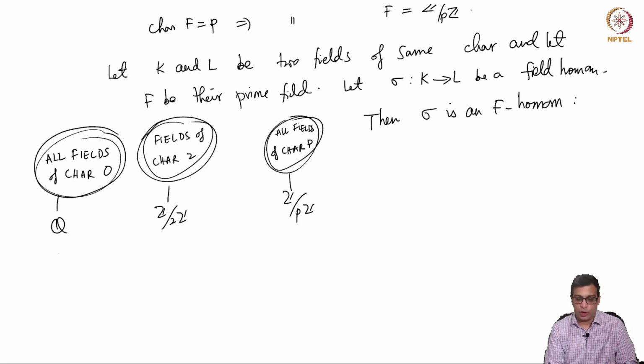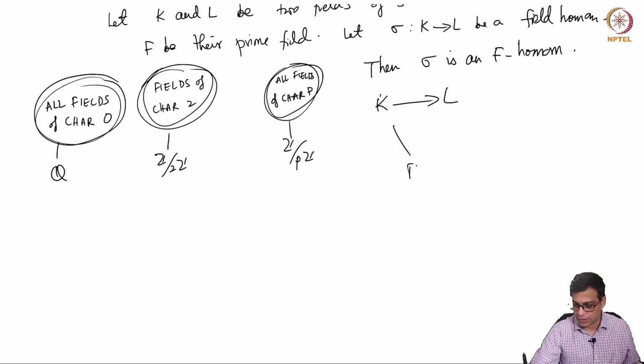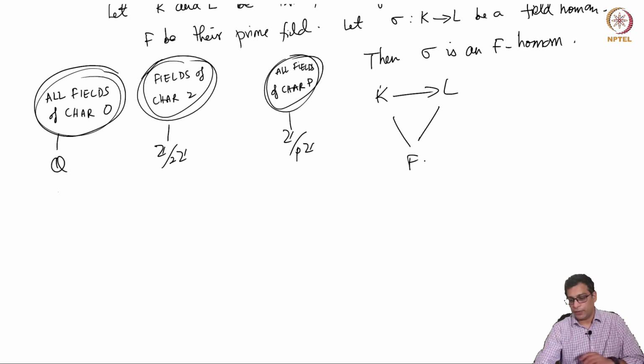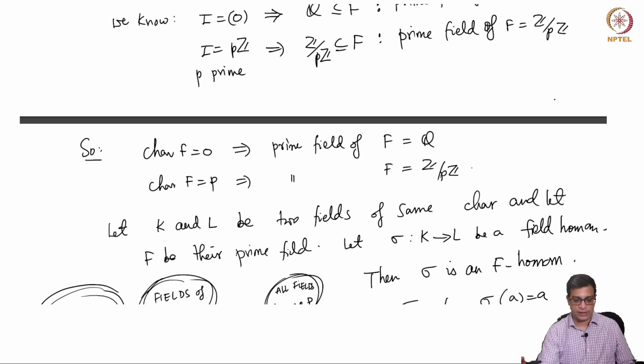So if K and L are two fields of the same characteristic, and F is the prime field, so F is either Q or Z mod pZ, any sigma fixes every element in F. Okay, so this is a very easy exercise.